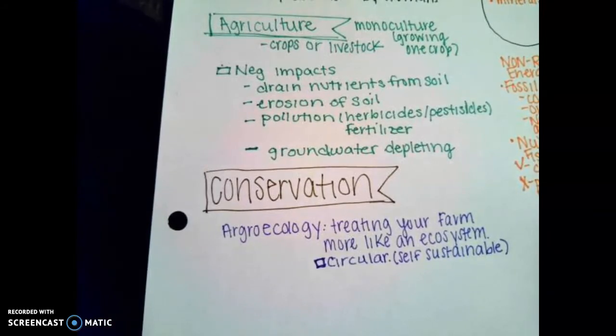We learned that there are 4 aspects or areas of agroecology. Efficiency, so trying to decrease waste. Self-sustaining, so we want the system to stand on its own.